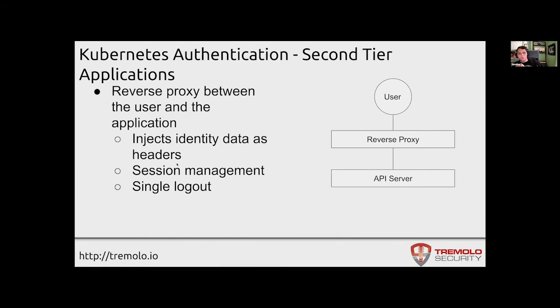So let's talk about what I call second tier applications. So you're talking about things like the dashboard. I mentioned Kiali, which is a dashboard for Istio. Tekton has the beginnings of a dashboard. We love our dashboards. We have a love-hate relationship with UIs in this business.